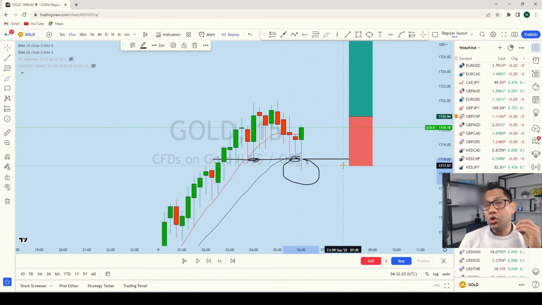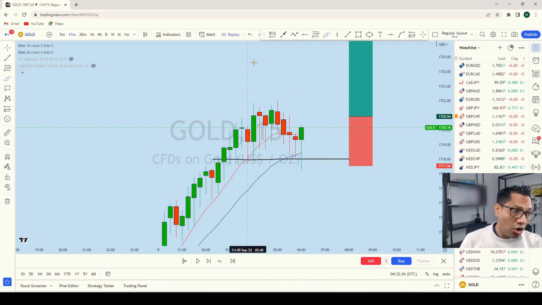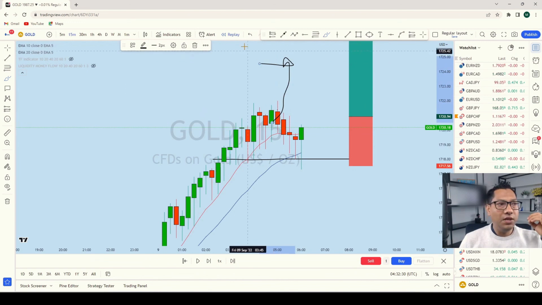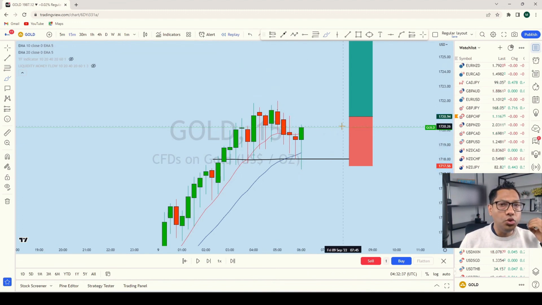Now once you saw the market has grabbed the liquidity, that is where, when the smart money saw that the retail trader is buying, everyone is buying, then they manipulate the market to come to the zone where there is a huge liquidity.